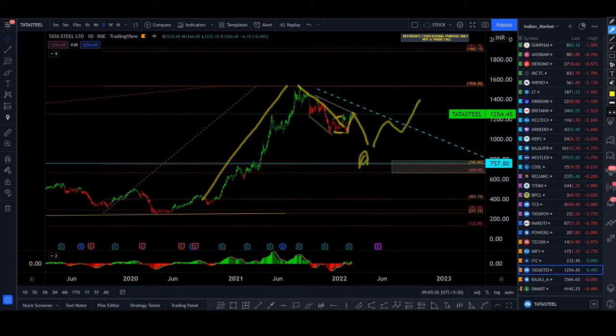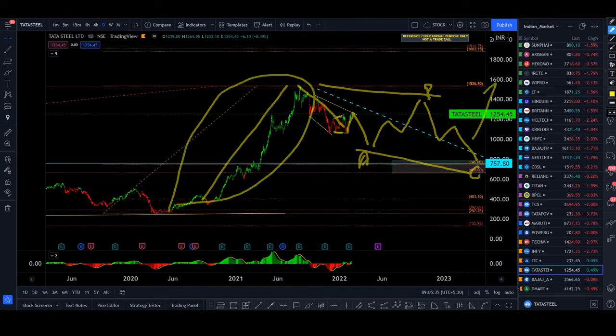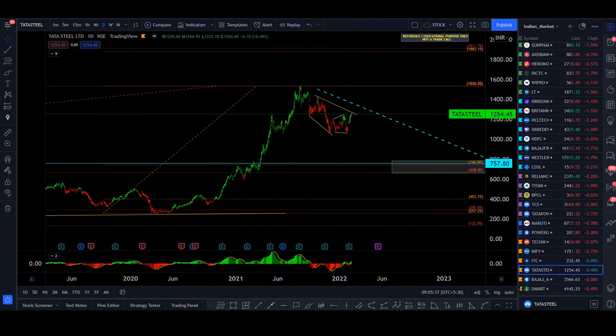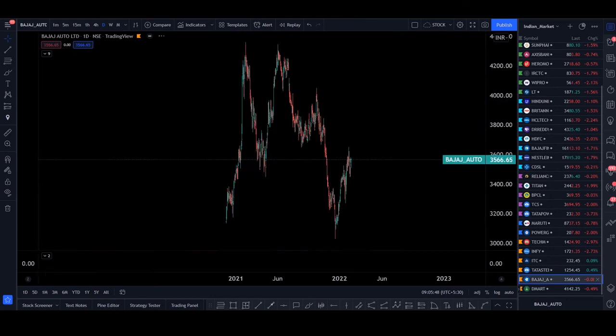This is A, this may be B, and this may be C to complete this whole wave for this impulse, and then the next impulse can start. So this has a longer term sideways move that's expected, but we never know, if this goes up followed by a correction, it can be a good trade to enter as well. So either way we have to wait.